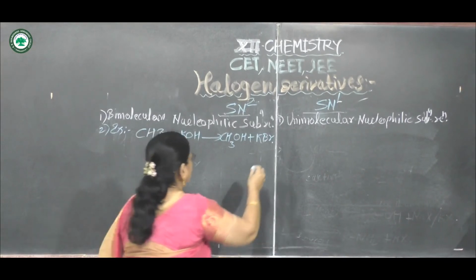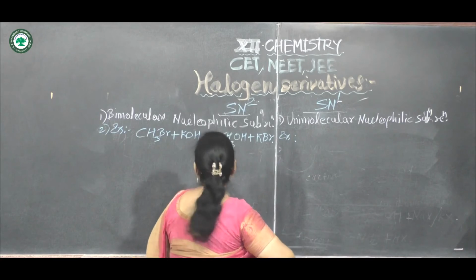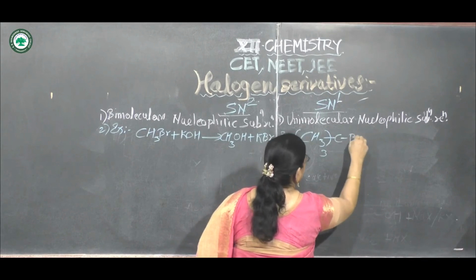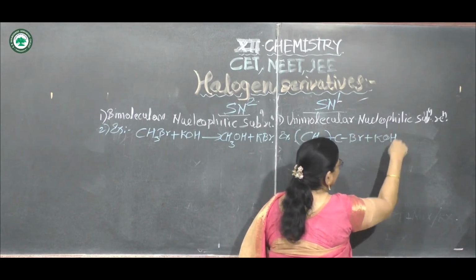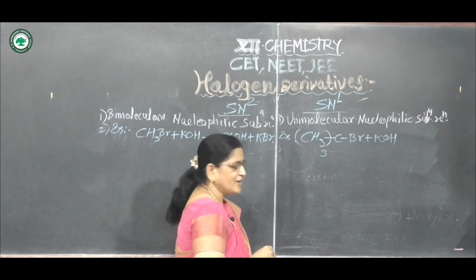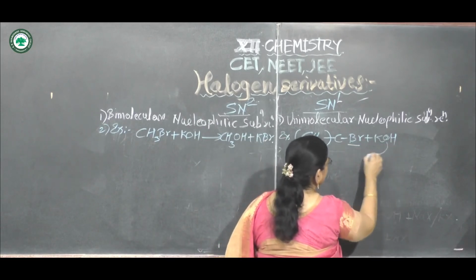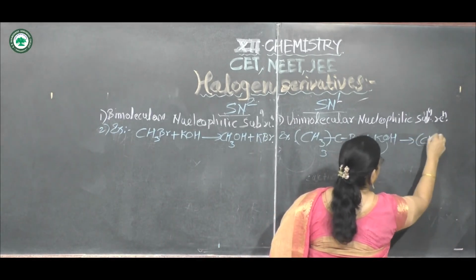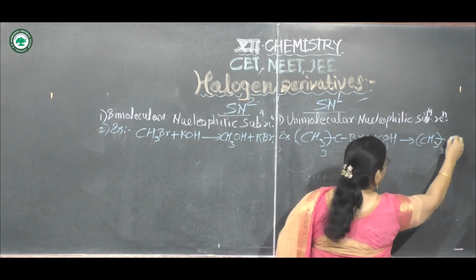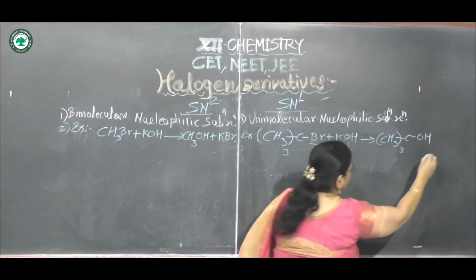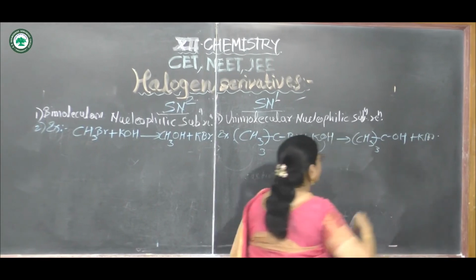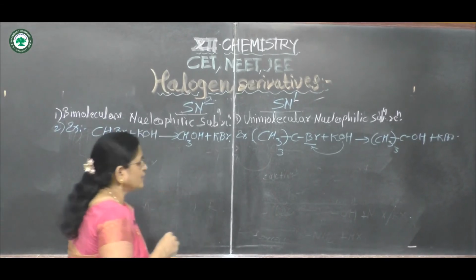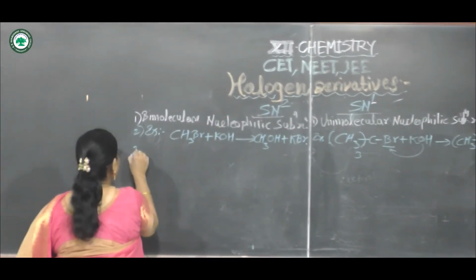Then the example of SN1 reaction is (CH3)3CBr plus again KOH, potassium hydroxide, then this Br gets replaced by OH minus ion, the nucleophile, and it gives tertiary butyl alcohol plus KBr. Tertiary alkyl halides give tertiary butyl alcohol. There are two examples.